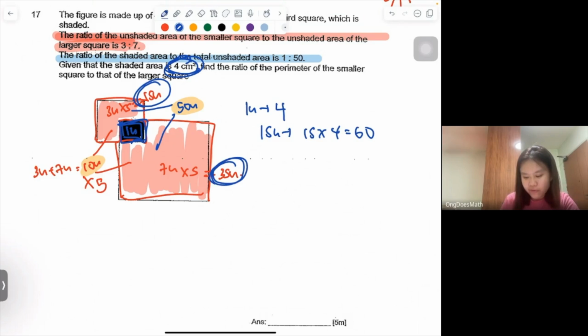This unshaded part here equates to 35 units, which should be 4 times 35.